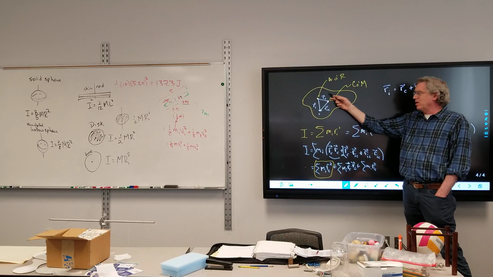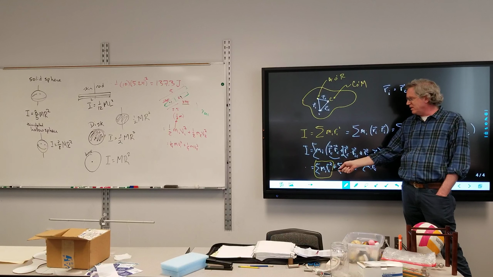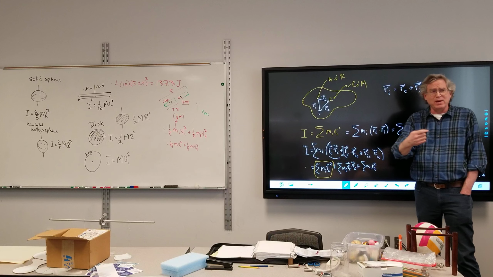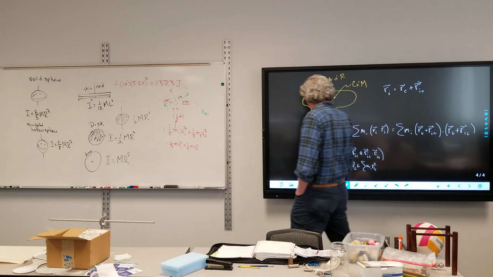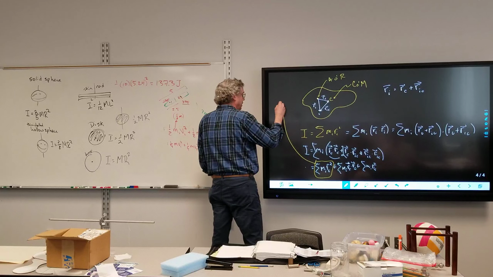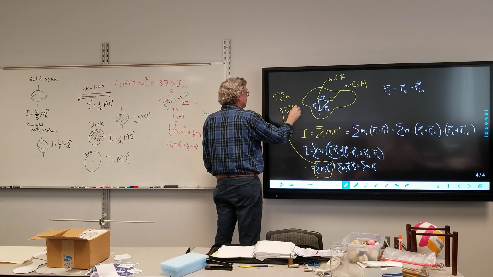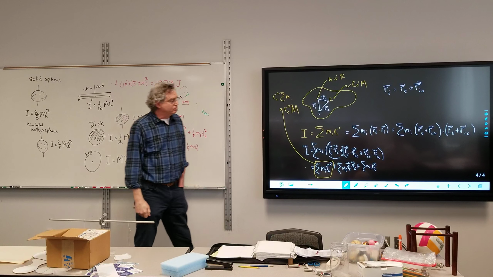No matter where I am, R_c is always the same. So if R_c is a constant, I can factor that out, and I'm left with just the sum of all the little m_i's, which is just the total mass. So this becomes R sub c squared times the sum of all the little m_i's, which is just R sub c squared times m, total mass.